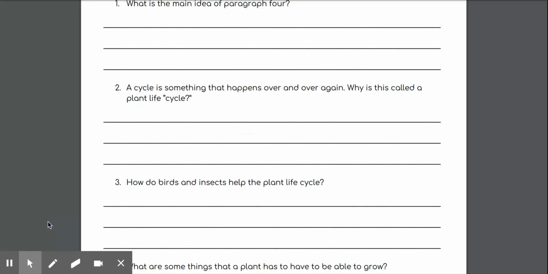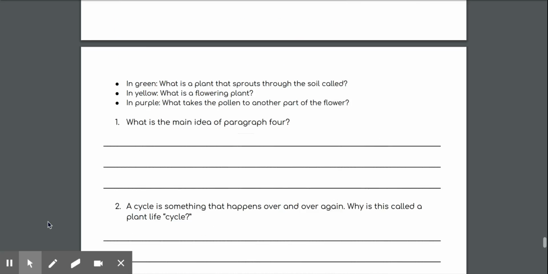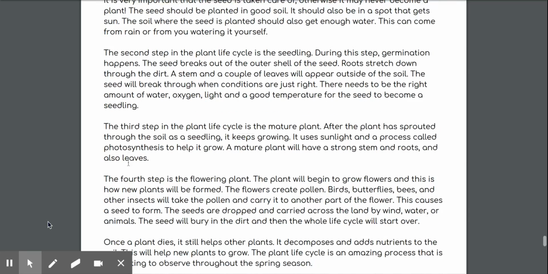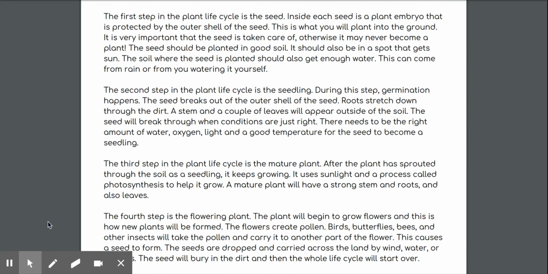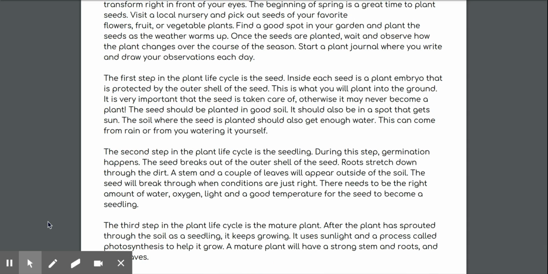Question 3 says, how do birds and insects help the plant life cycle? So go back to your text and look for when it talks about birds and insects that help the plant life cycle.